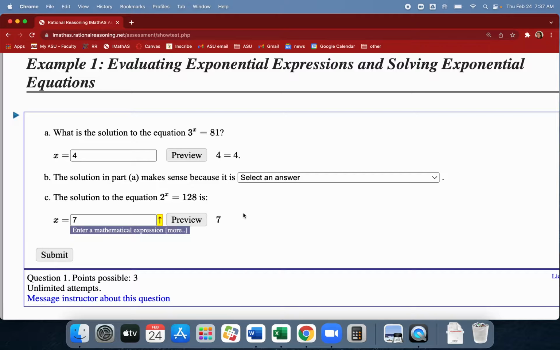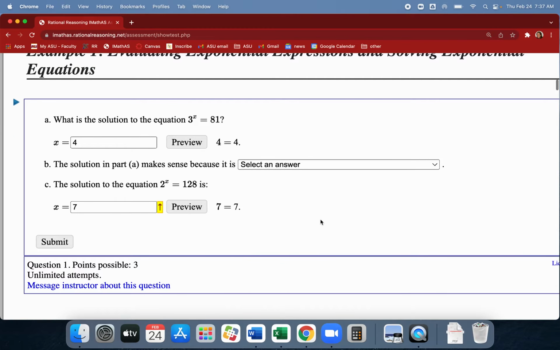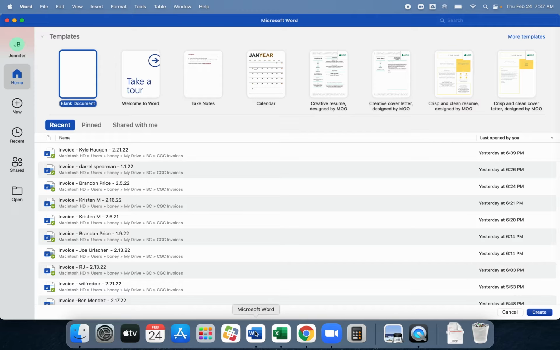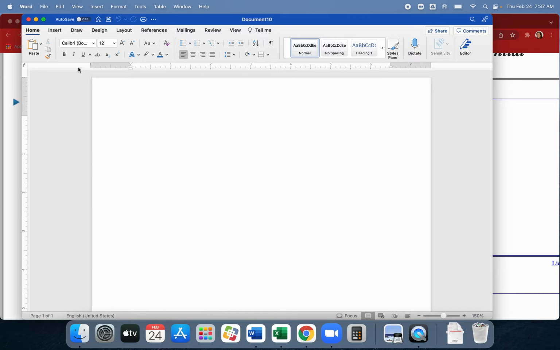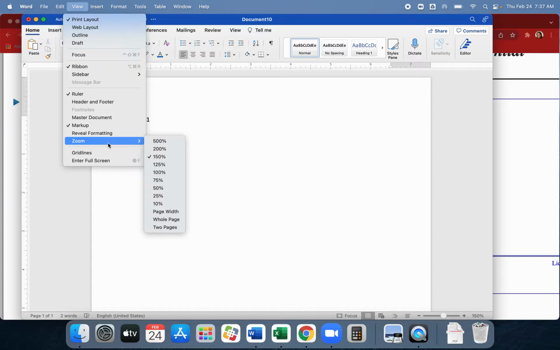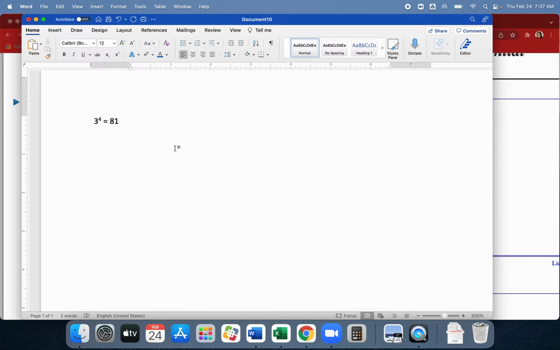So I'm just going to pull up a blank document. There we go. If I say something like 3 to the 4th power equals 81, and let me zoom this in, make this really big.